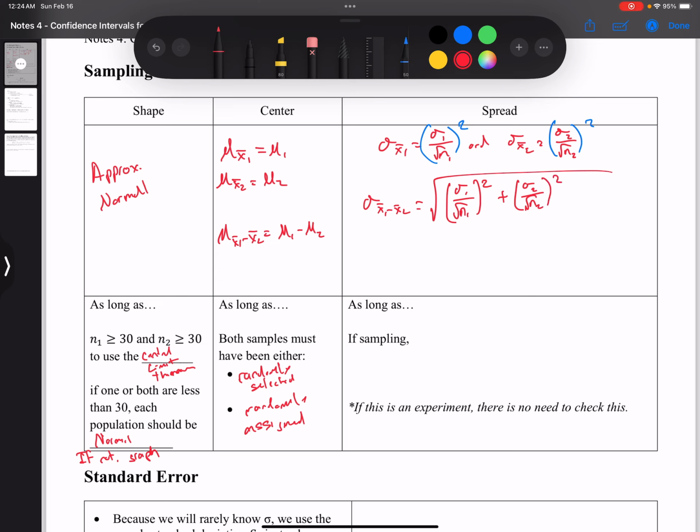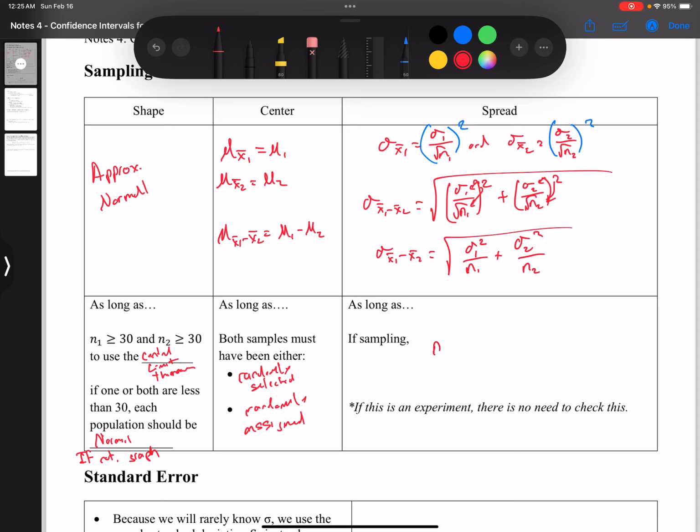Then we clean it up a little bit, because the square comes inside and does a little bit of work. Ultimately, our combined standard deviation looks something like this: the square root of standard deviation 1 squared over n1, plus standard deviation 2 squared over n2. This works out as long as we satisfy the 10% condition.